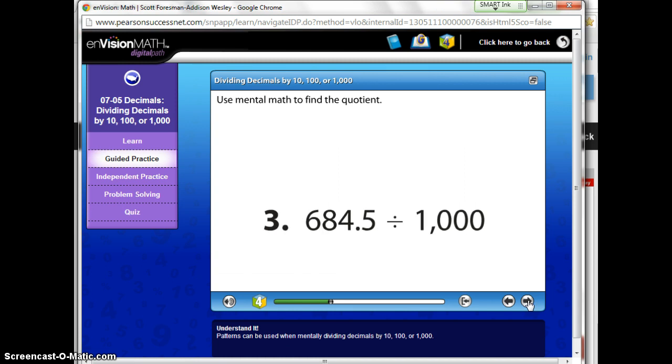How about this one? Kiara? What do we look at first? How many zeros? How many are there? So we move our decimal 3 to the left since there are 3 zeros. 1, 2, 3.